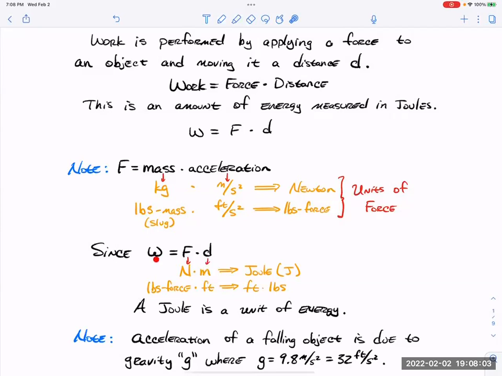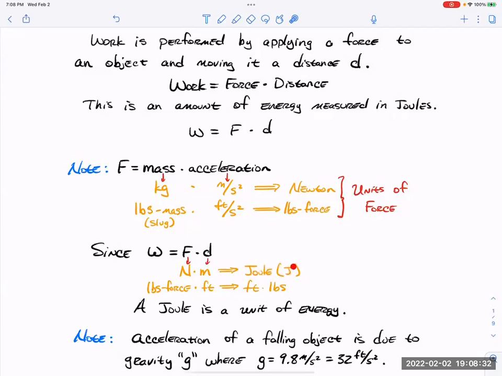So work is a Newton times a meter, a force times distance. And then we give that a new name after Mr. Joule. That's what a joule is, a unit of energy. And remember, work is an amount of energy, okay? So when we do our calculations for work, we're going to end up with joules. So these are the units for work.